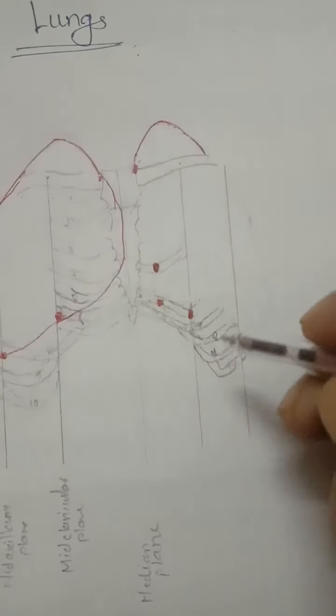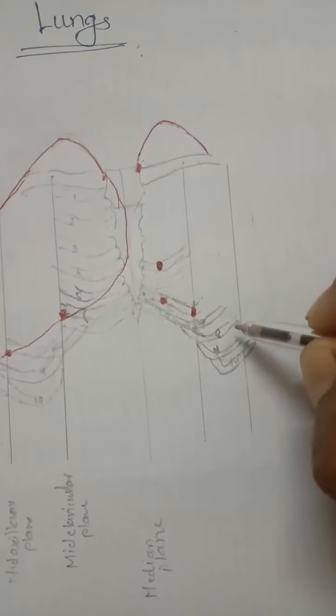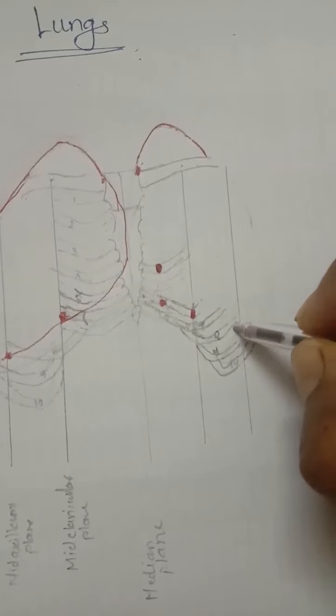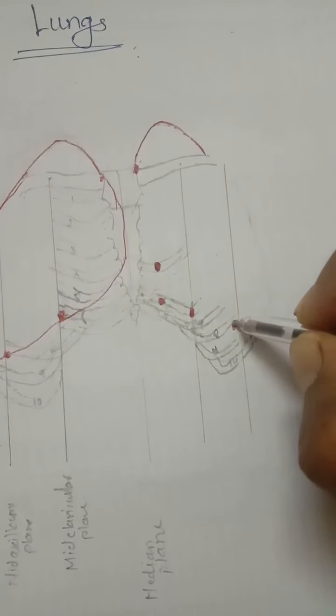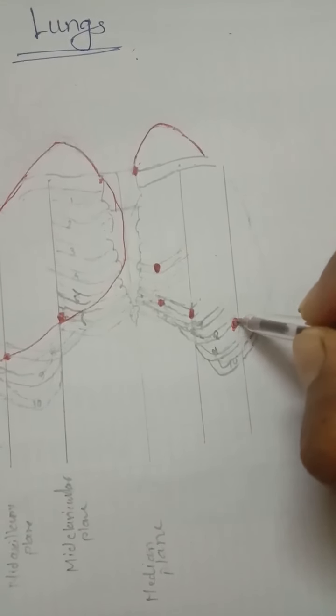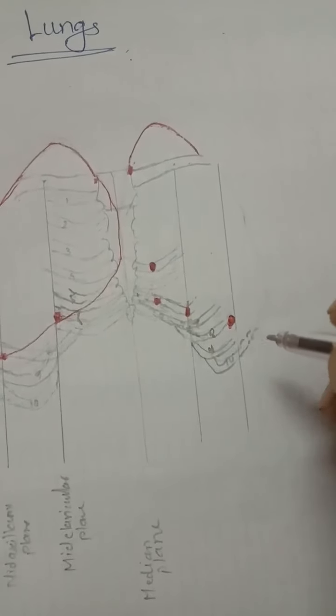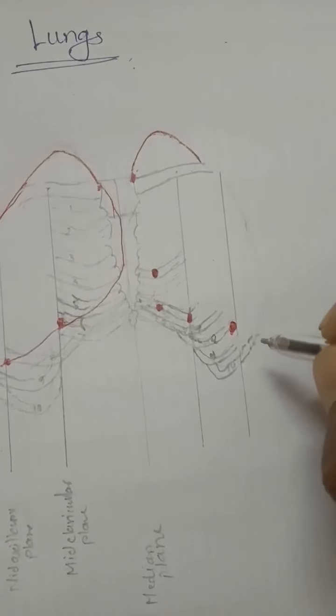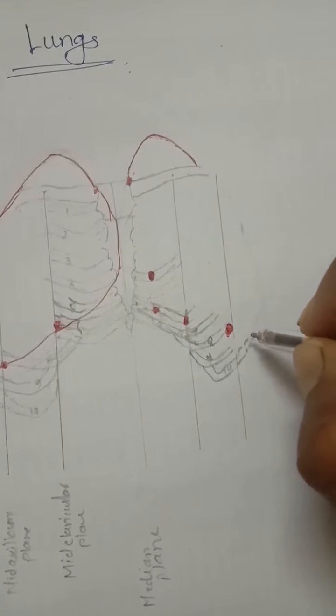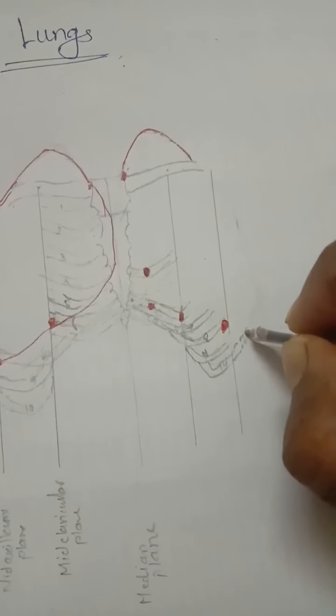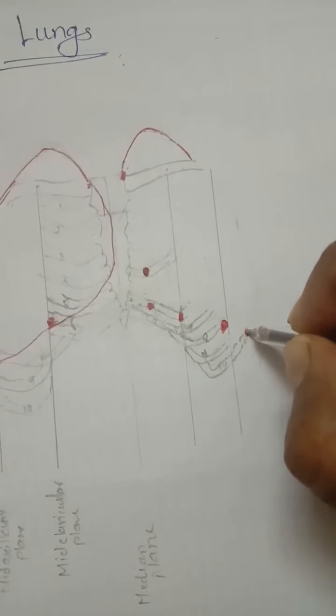Then take a point on the 8th rib which intersects the mid axillary line. So here you can see. Okay? Then take the 10th rib point, which is present just lateral to the erector spinae muscle.